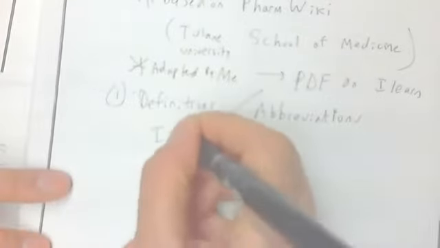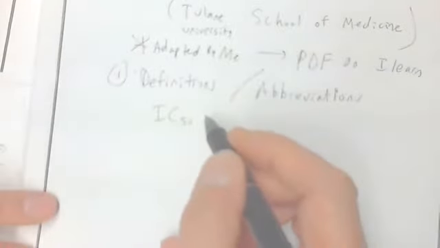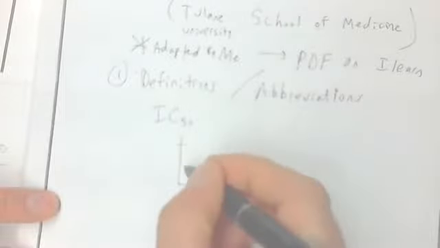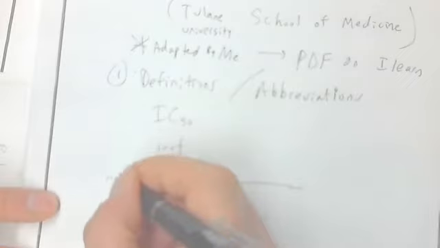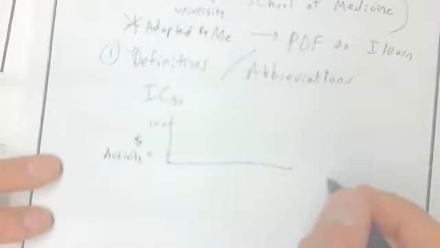A couple of these we've already seen. IC50, of course, inhibitory concentration for 50% activity, which we've seen, basically 100%, 0% activity of an enzyme or protein or something like that.